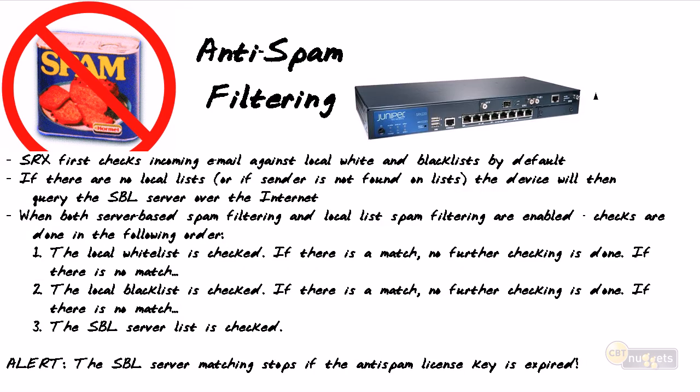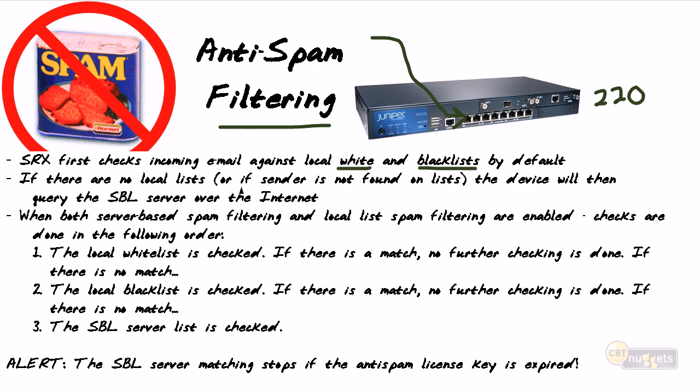So let's say you're using an SRX 220 over here at a regional branch office, and this is going to be your spam filtering device. The SRX will first check incoming email, say it's coming to this interface here, against its local whitelist and local blacklist by default. That's the default behavior.